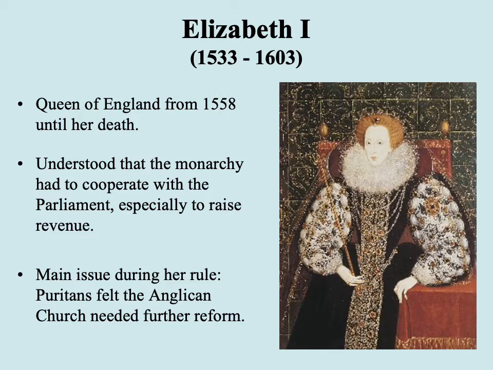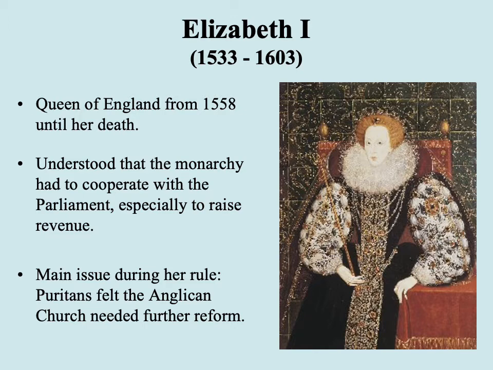And so at the time of her reign, and we had discussed this briefly before now, a kind of informal arrangement had evolved by this point where the monarch had to cooperate with the parliament in governing, particularly in connection with anything pertaining to revenue.